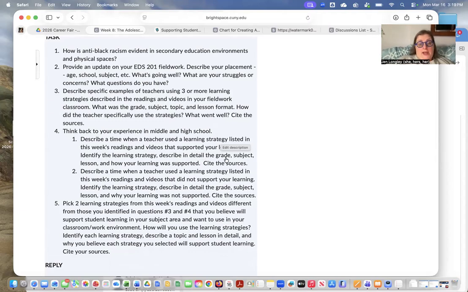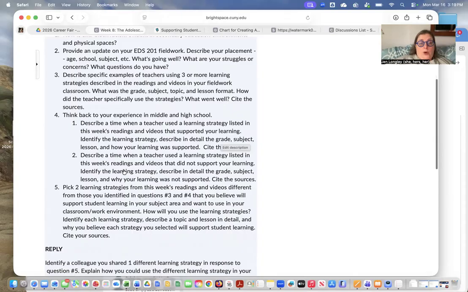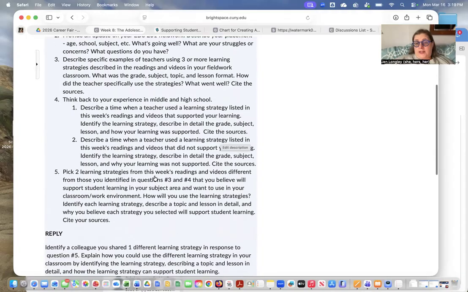What was the grade, the course, the subject, the lesson? How was your learning supported? Cite the source. Think of a time when a teacher used a learning strategy that didn't support your learning. Again, talk about what specific learning or instructional strategy. Describe the grade, the subject, the lesson, and why your learning was not supported.